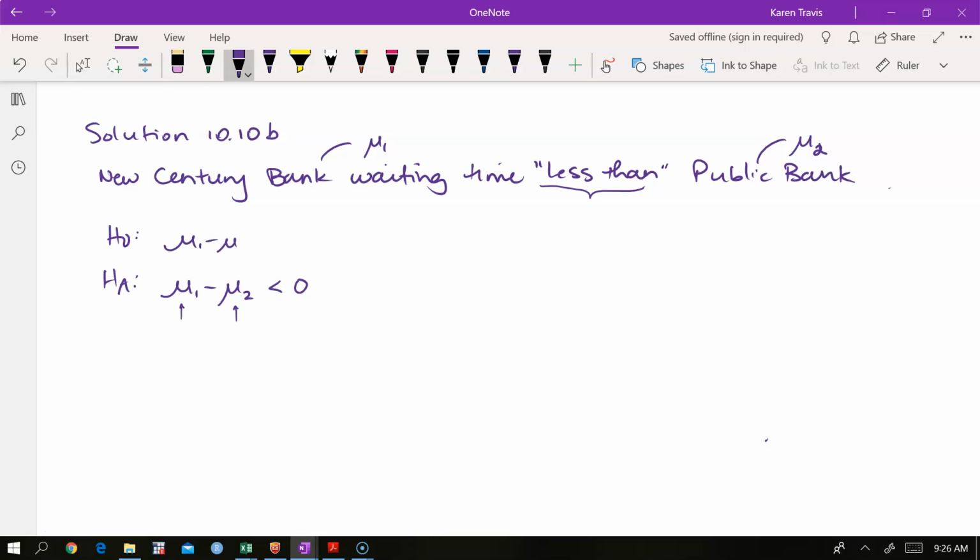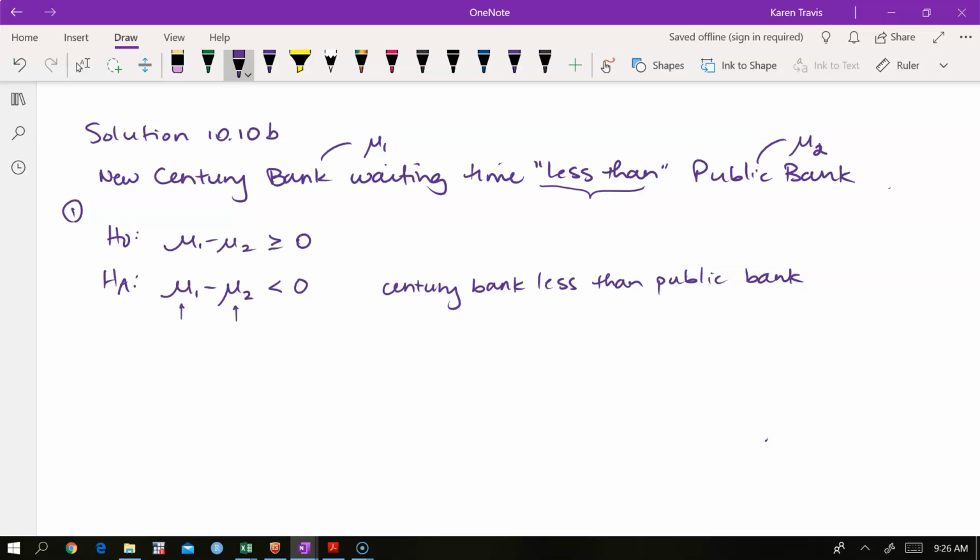So this way we'll determine that Century Bank less than Public Bank. Okay, that's the hypothesis that we're testing. Some of the information given to us relates to each of the sample means, each of the standard deviations, and so on.